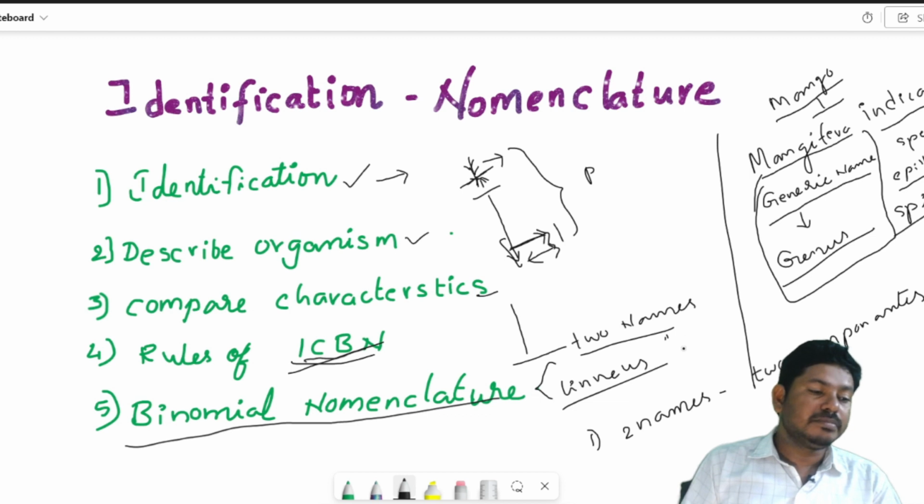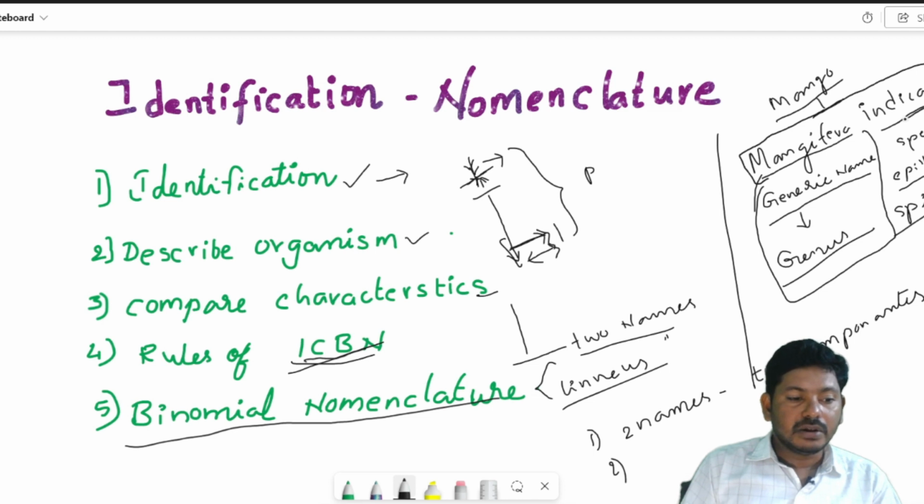Okay. So in binomial nomenclature, there is a second rule. The name is called the botanical name, biological name or scientific name.